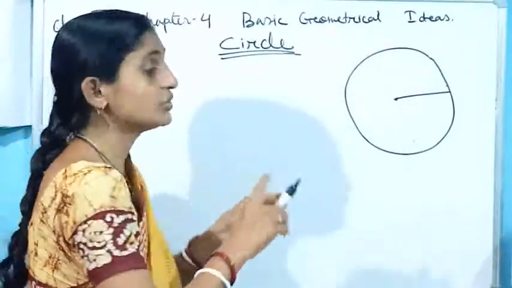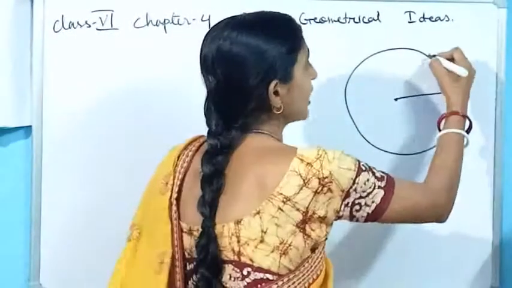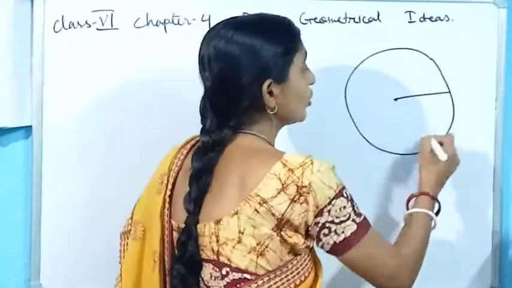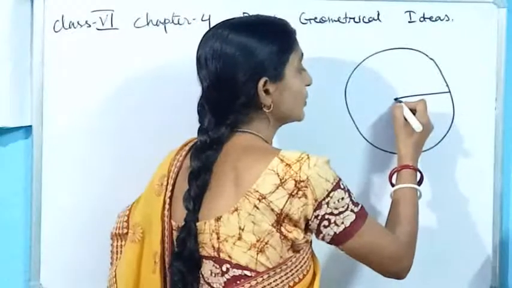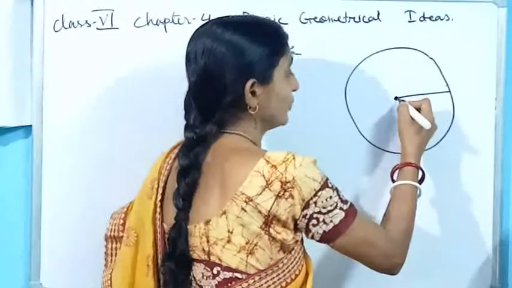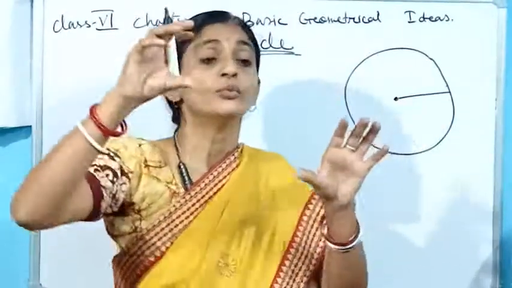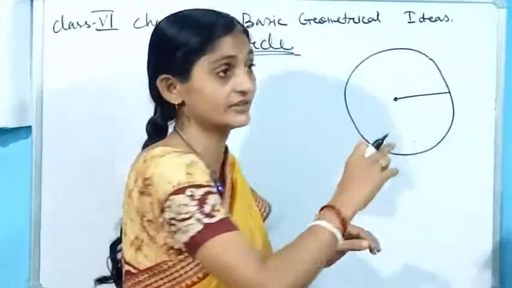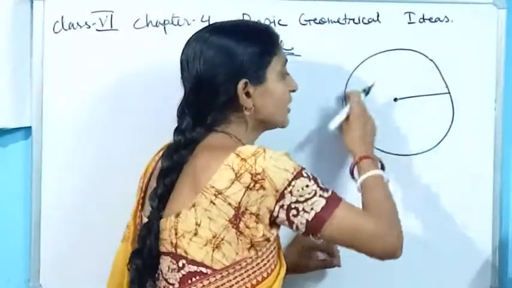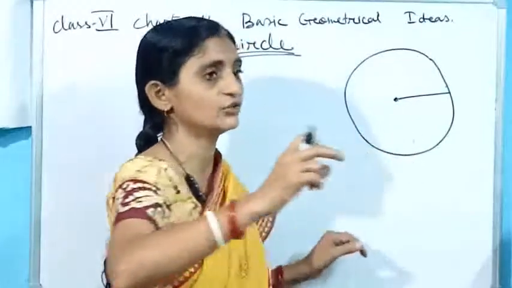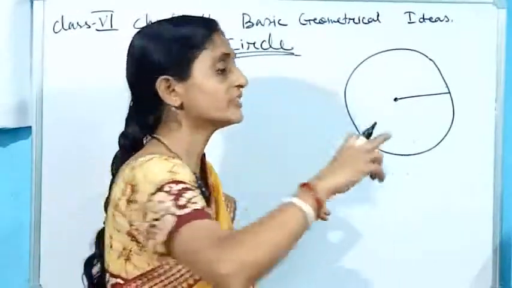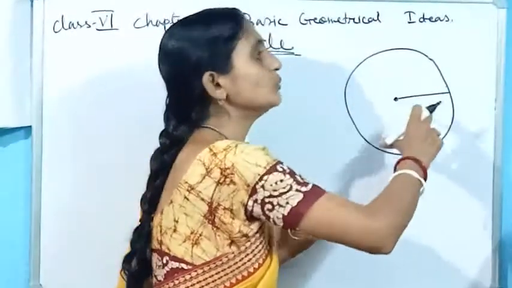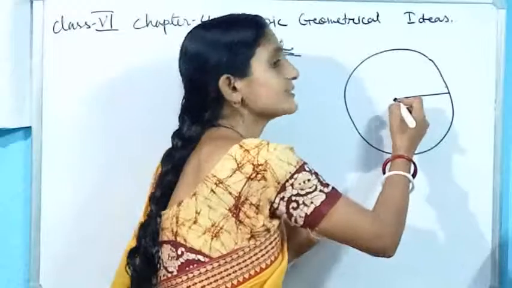So it shows that the points lying on that part are always at a fixed distance from the center. When you draw with a compass, you put the pointer at the center, and the curved line you get is the circle. The points lying on that line are always at the same distance from the center.